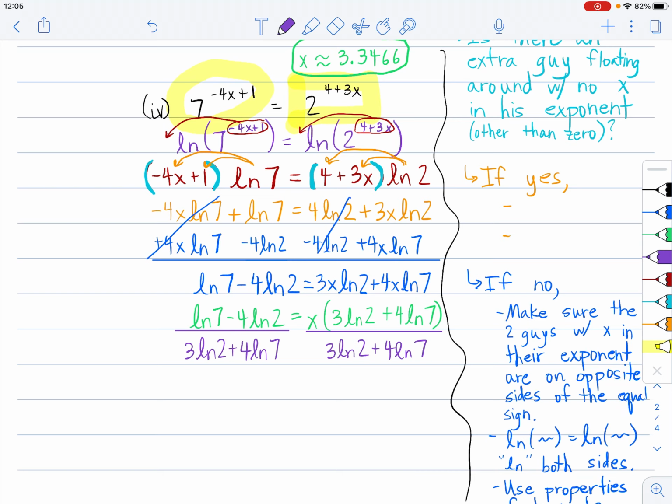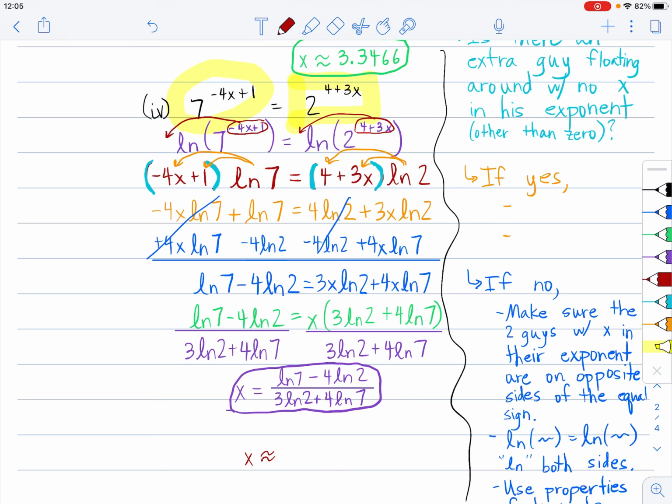And my exact answer for x, which does need to be on its own line, is ln 7 minus 4 ln 2 divided by 3 ln 2 plus 4 ln 7. This is my exact answer. Then I'm going to put that whole thing in my calculator and get my decimal approximation.